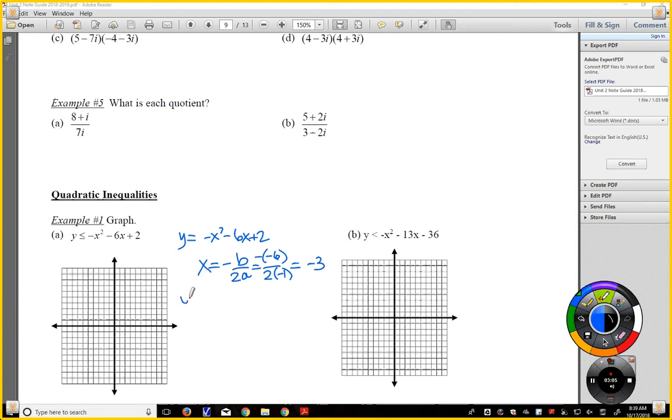To find the y coordinate of our vertex, we will have to plug in negative 3. And so that gives us 11. So our vertex point is going to be at negative 3, 11. Okay? I'm going to plot that point.